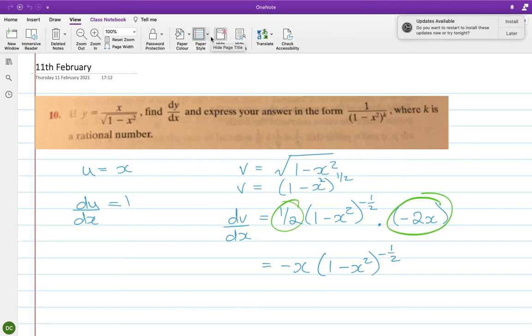Okay, so dy/dx then is (v du/dx minus u dv/dx) over v squared. I think I'll leave it as an indice.